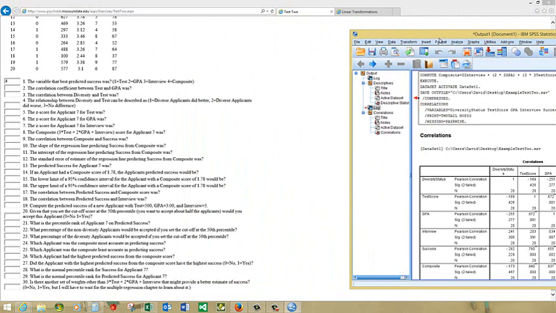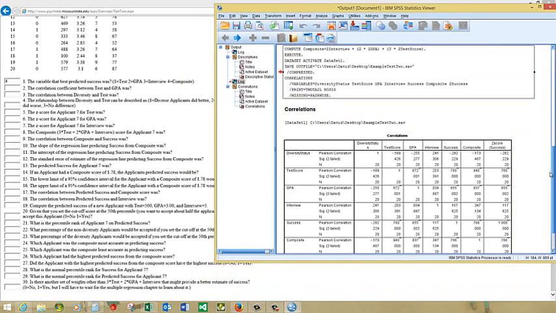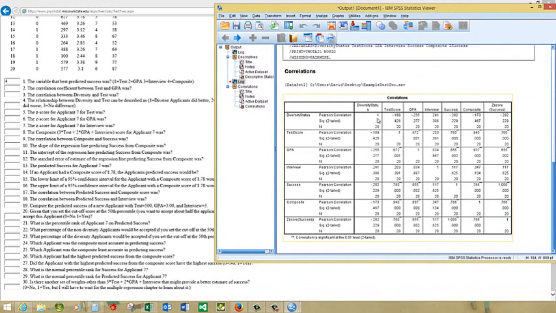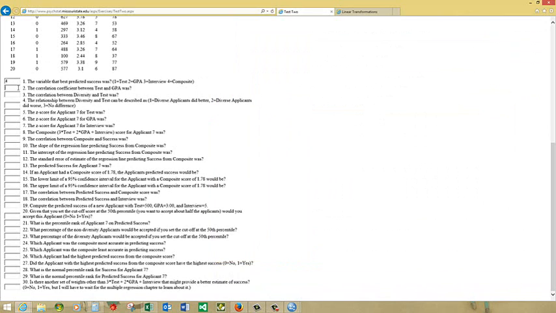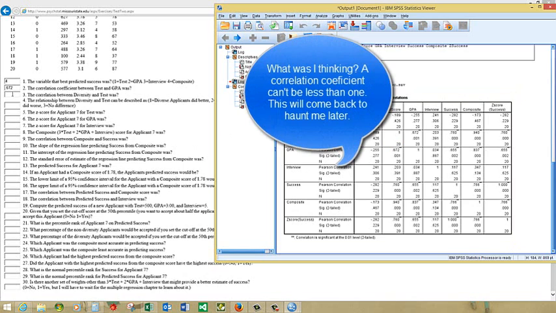The correlation between test and GPA. Okay, test score and GPA looks like 0.672. The correlation between diversity and test: diversity status and test score, minus 1.89.